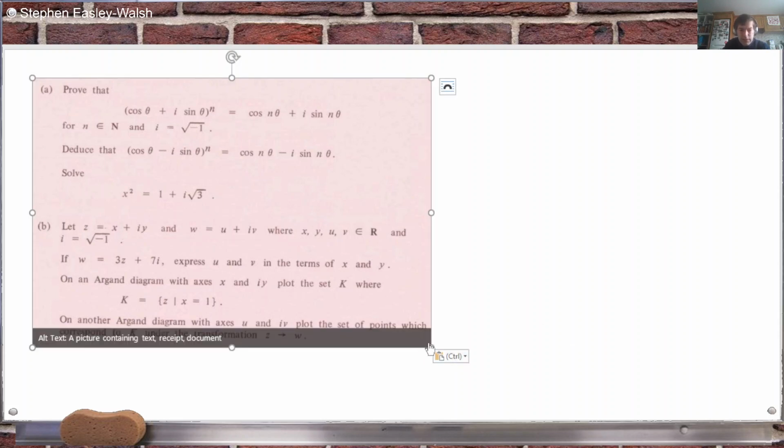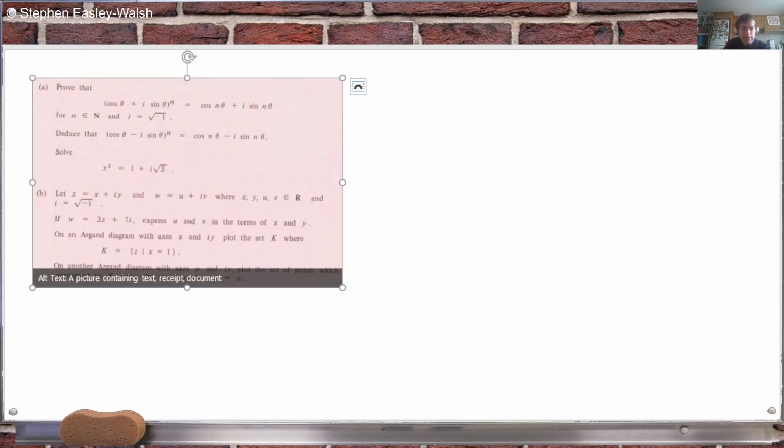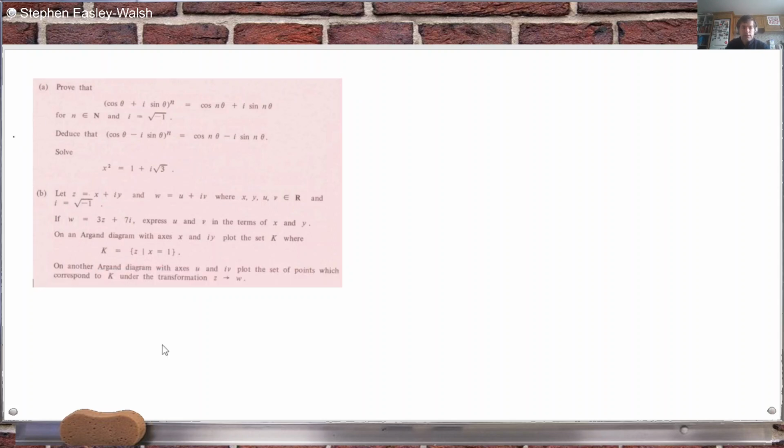Looks like another transformation question. Right. So we've got the plot here. x equals 1. So this is where our k will be, just the line x equals 1.